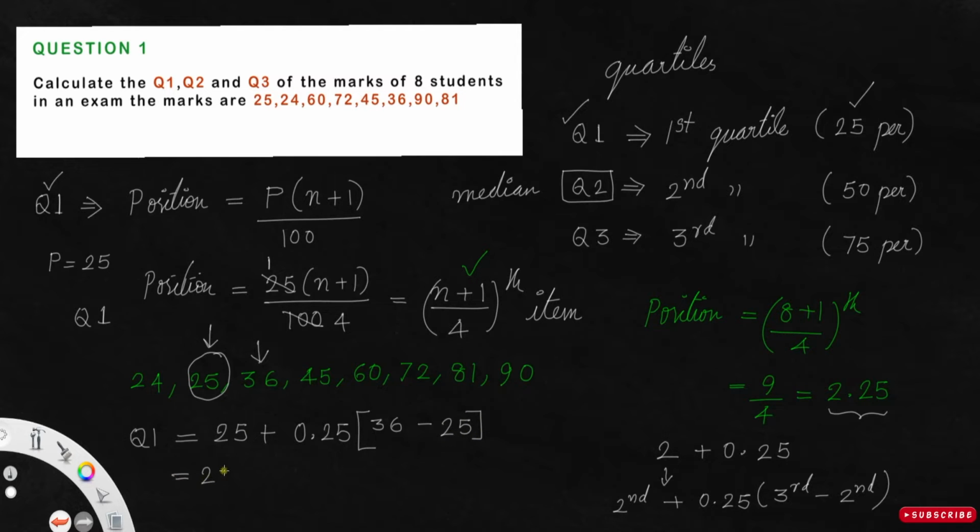Simplifying this, you'll get 25 plus 0.25 into 11, which is 25 plus 2.75. So the first quartile will be 27.75. Clear?